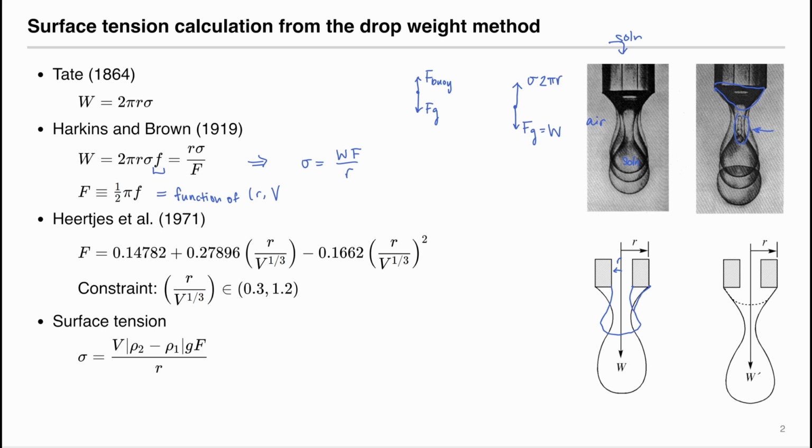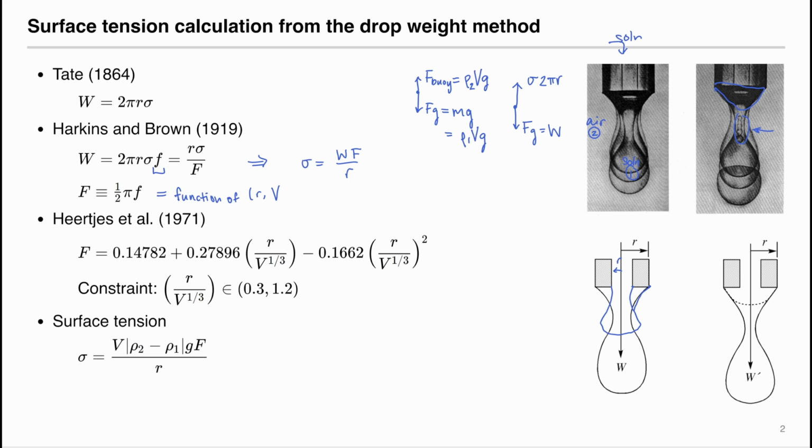However, if we write it out, the buoyancy force would be rho times V times g, where rho is the density of the air, let's say phase 2, and V is the displaced volume of the droplet within the air. The gravitational force of the drop is just mg, where m can be written as rho V, with rho for phase 1, multiplied by g.